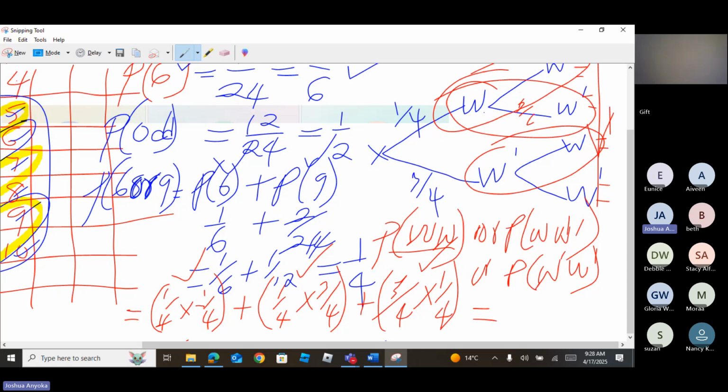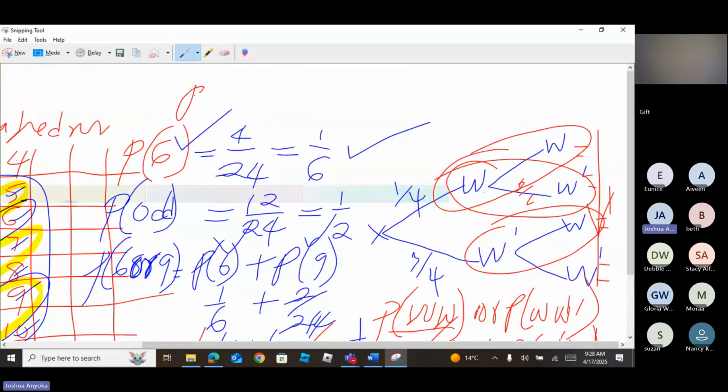There is also an alternative. When you are told at least 1, it means it is 1 or more. So if you add this one, you get the answer. It is 1 or more.